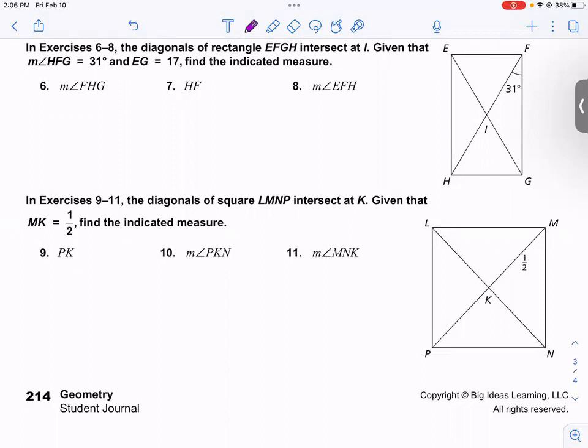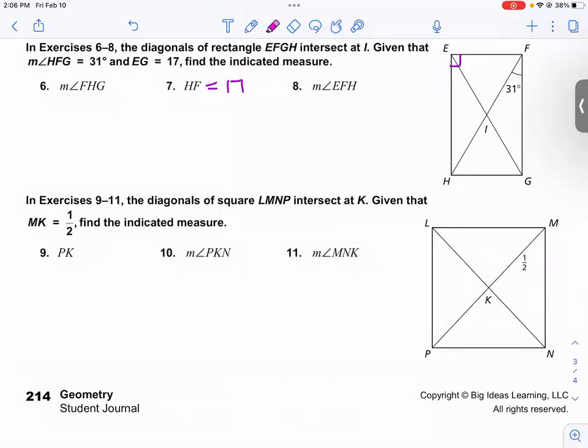Okay. In a rectangle, we know that we have 90-degree angles. We also know that our diagonals are congruent. So if EG is 17, what's HF? Also 17.